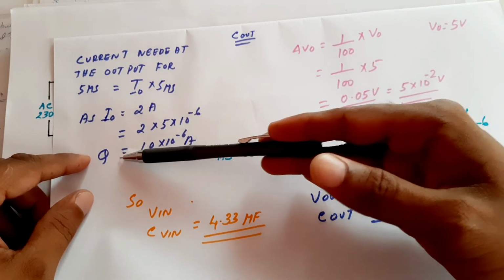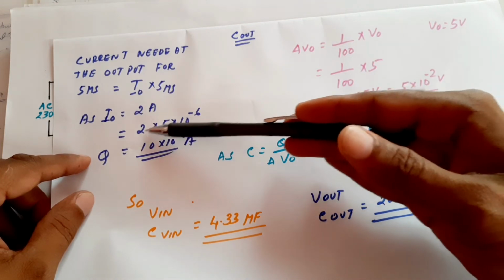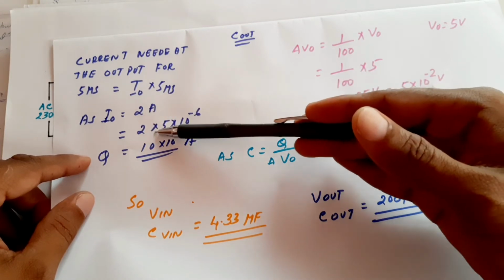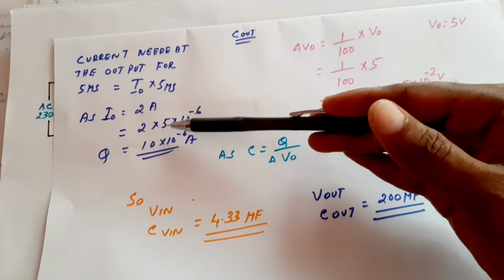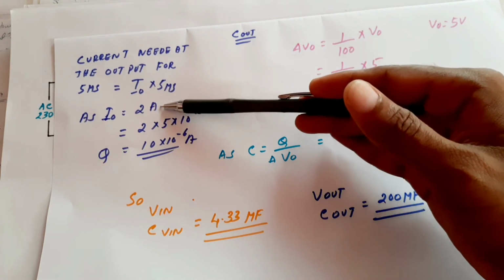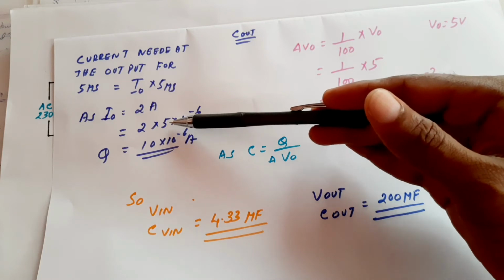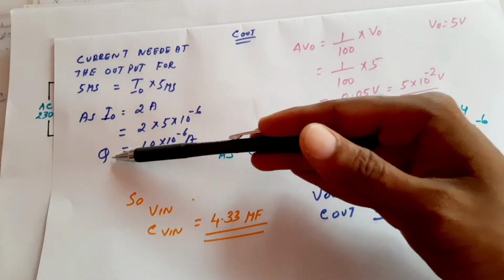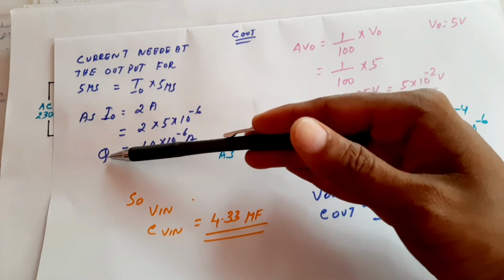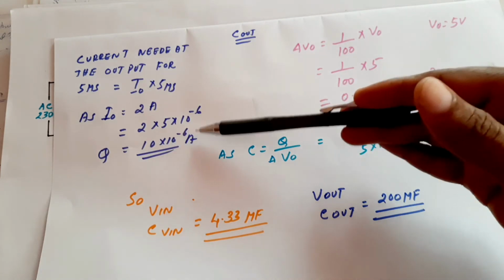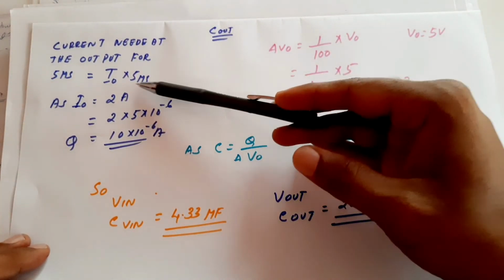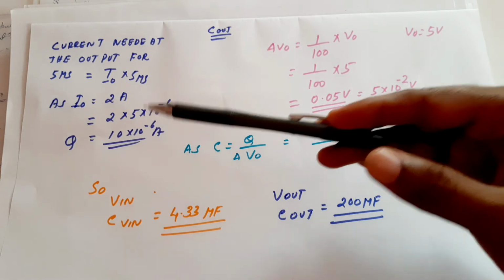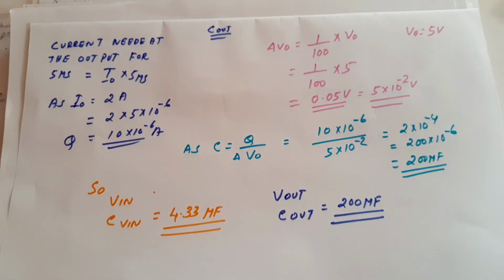Since 2 ampere is the current for 1 second, in 5 microseconds only 10 into 10 raised to minus 6 ampere will be needed. So the charge delivered by the output capacitor will be 10 microampere current in 5 microseconds, to be delivered to the output.